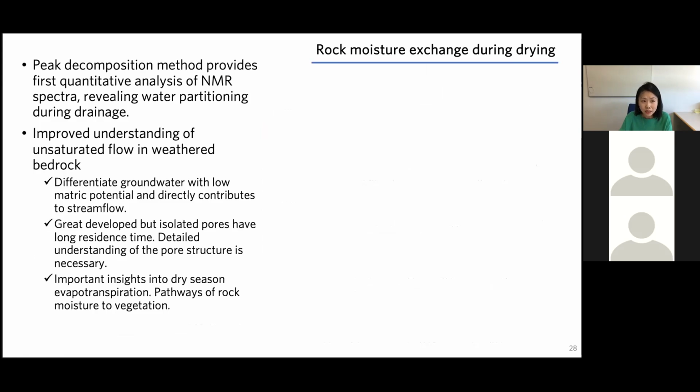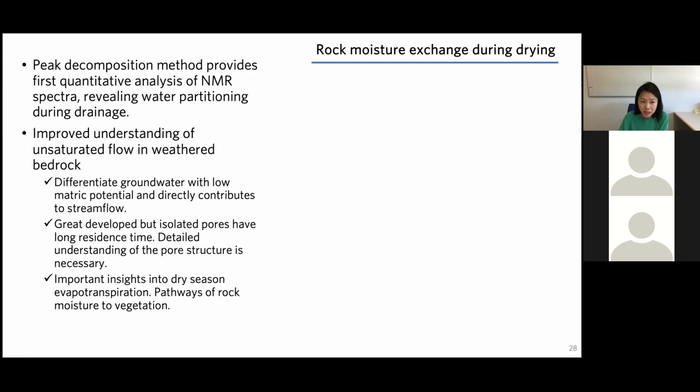We also gain some improved understanding of the unsaturated flow in the weathered bedrock, how much of this low matrix potential water we have versus high matrix potential water. And we can also see from our samples that some of the pores, even though they're very well developed, are isolated, and they have very long residence time.